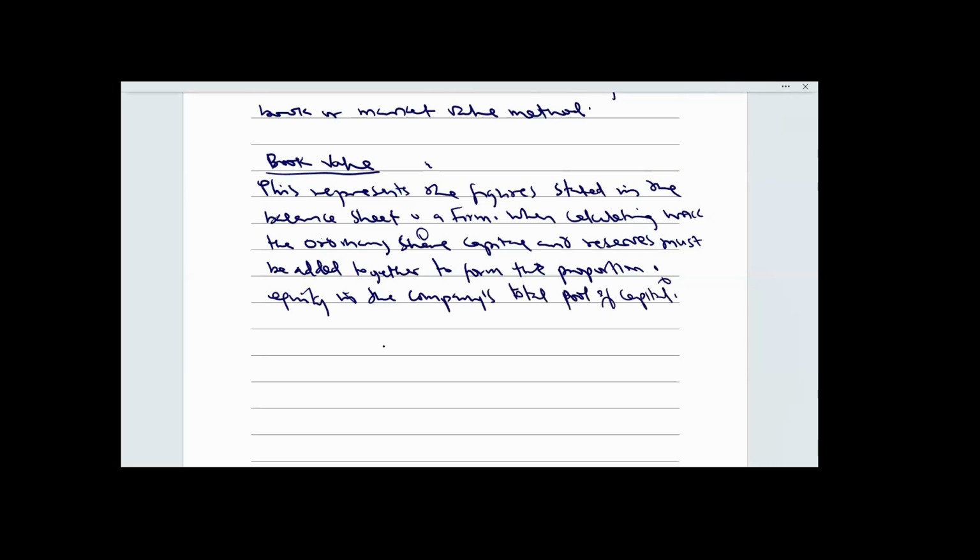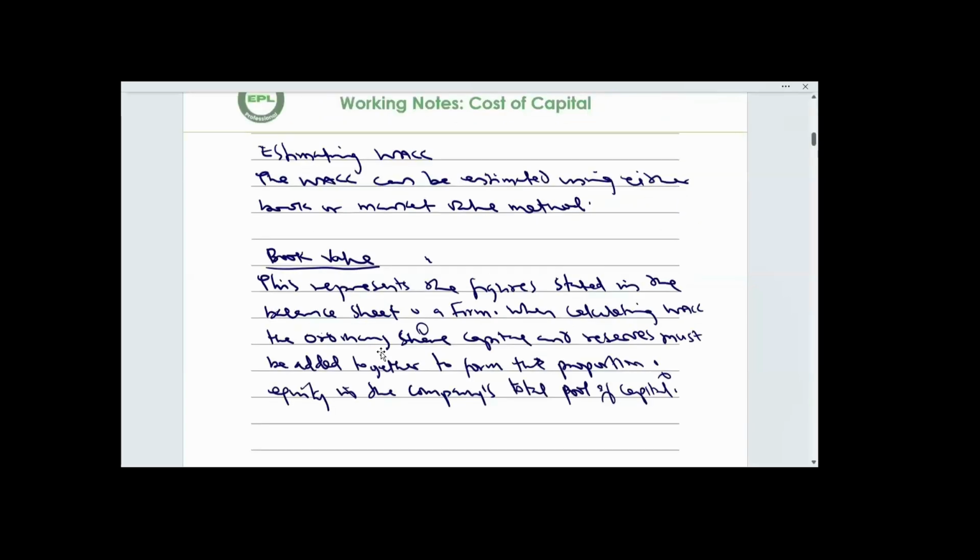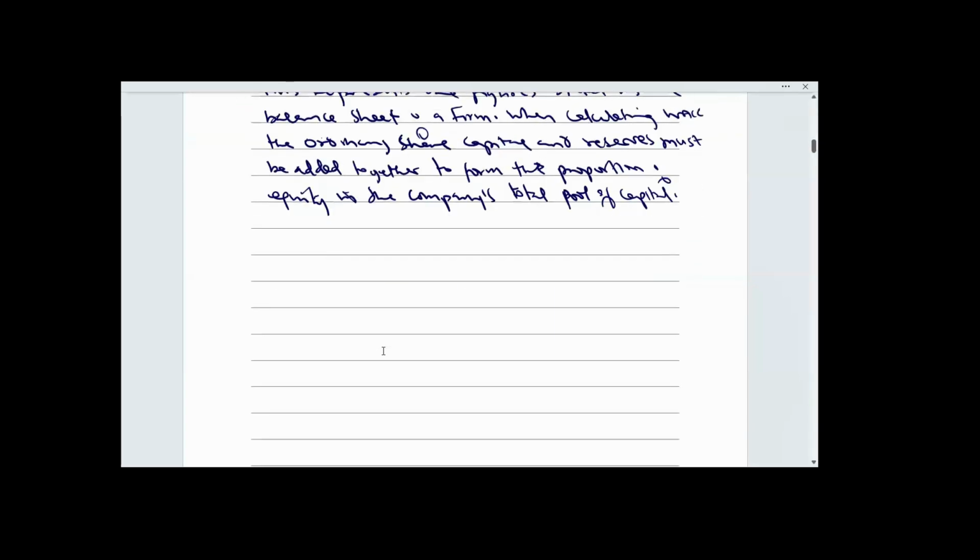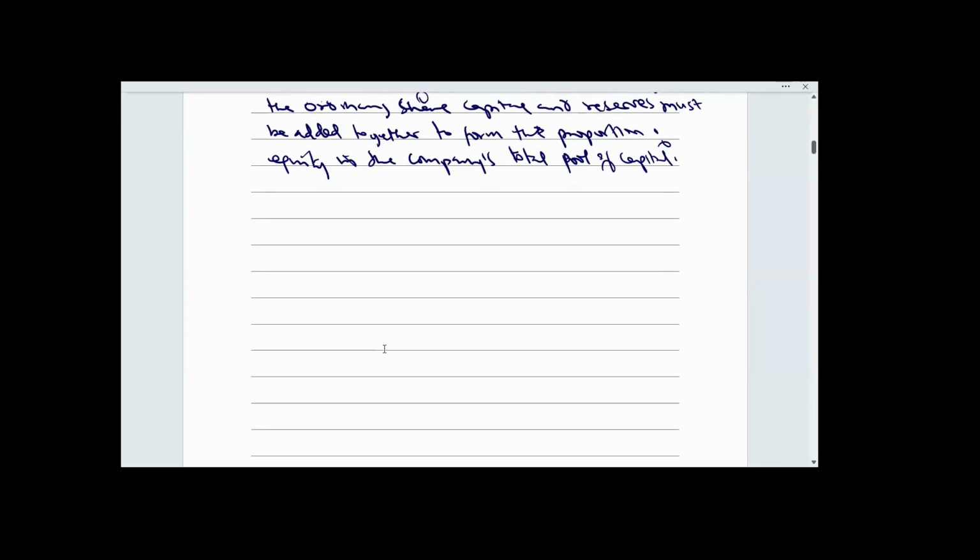All right. So what we are seeing here is that, let's say, for example, like I mentioned previously, let me rewrite it. Let's say you have ordinary share capital of 1,000.